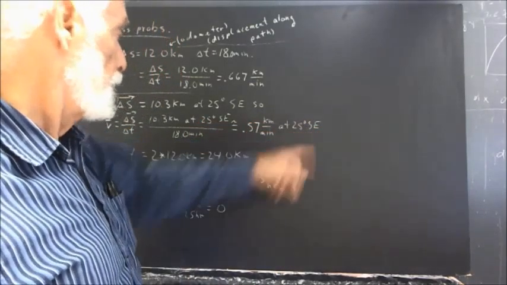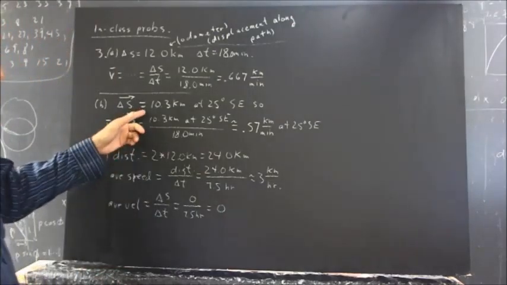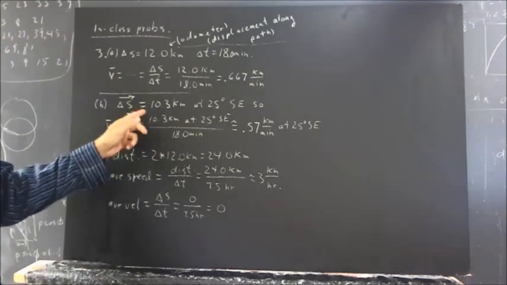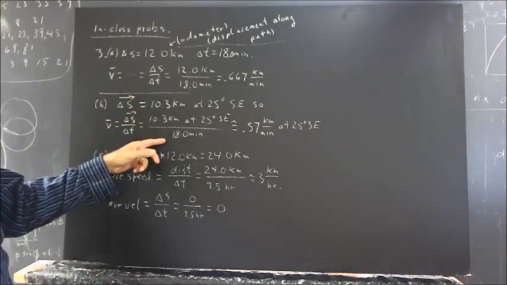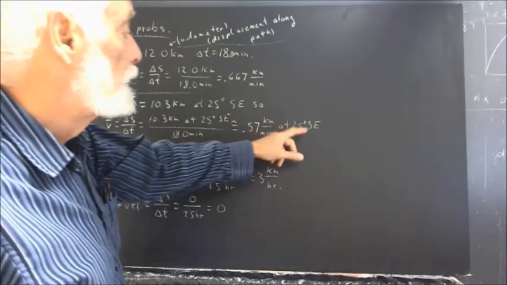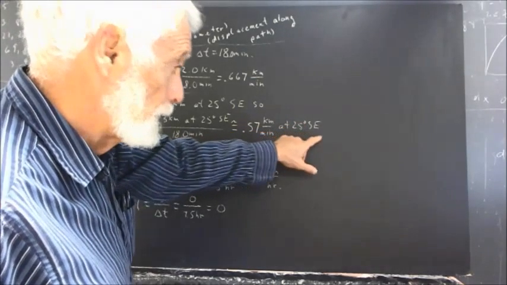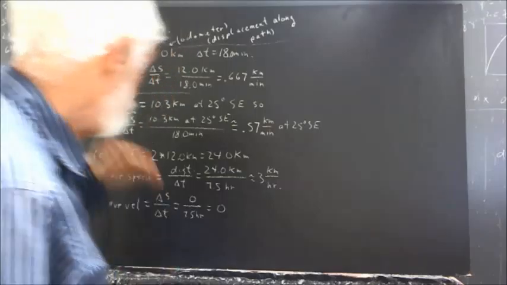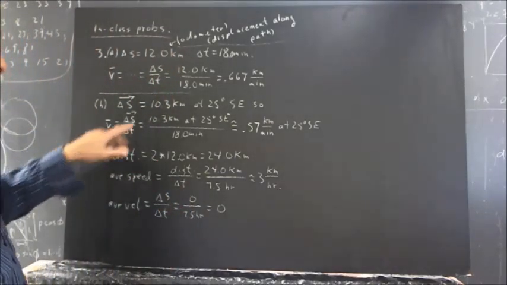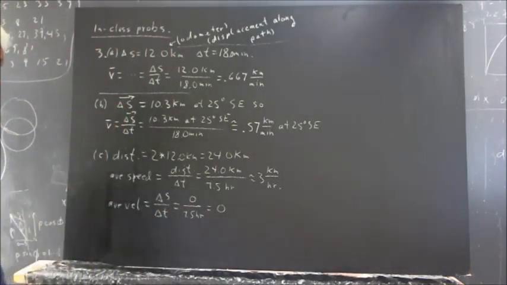So the direction is maintained. We divide the magnitude of our change in position by change in clock time, and specify the same direction for our average velocity as for our change in position.